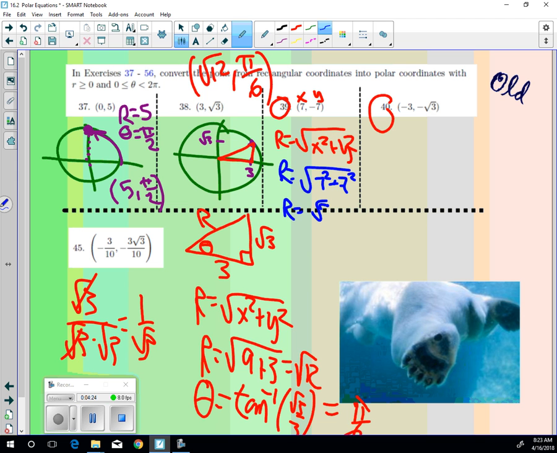Yeah. Okay, love it. Now, theta is the inverse tangent of y over x. So that is the inverse tangent of negative 7 over 7, which is, what's the inverse tangent of negative 1?